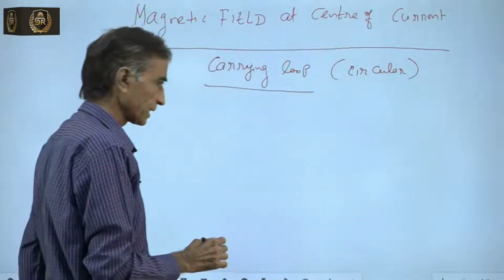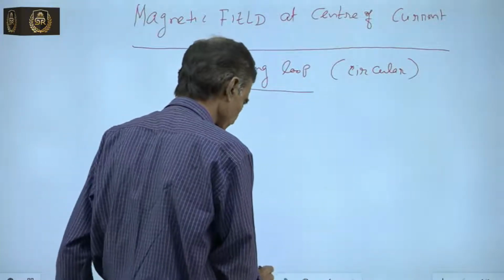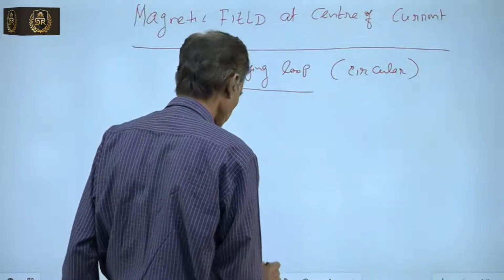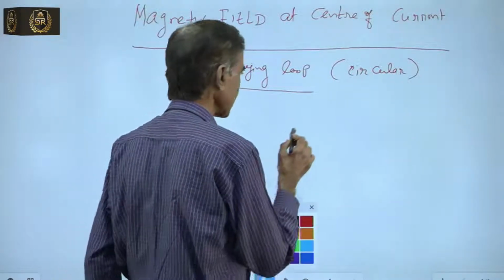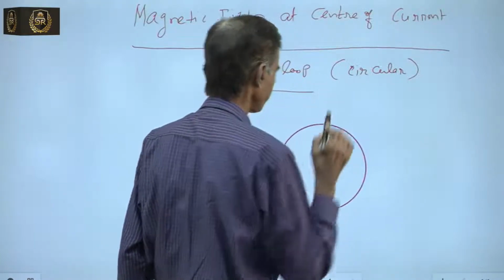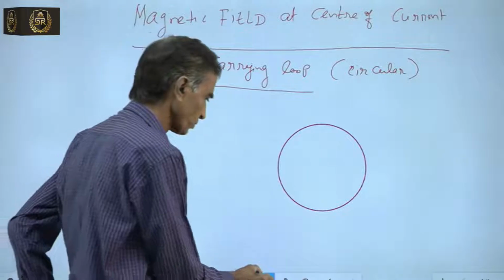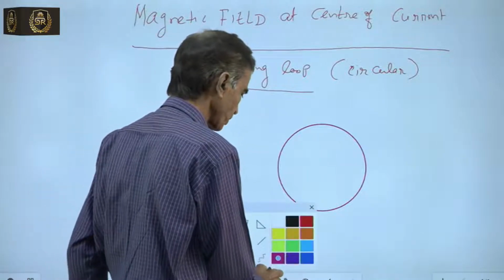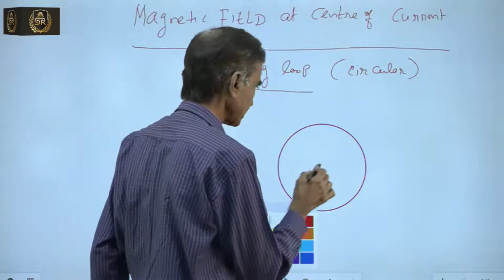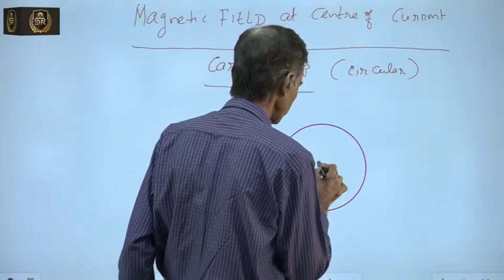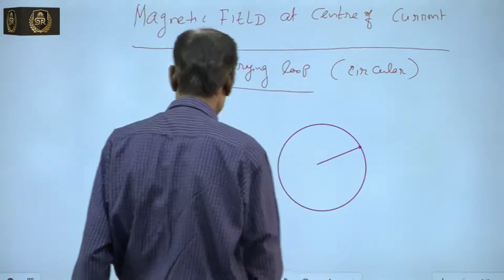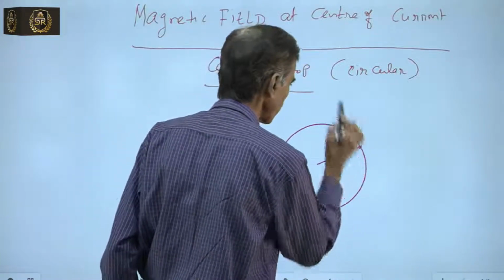So for that, let us take a circle, means a ring carrying a current. This is a ring carrying current. Now, the radius equal to small r.